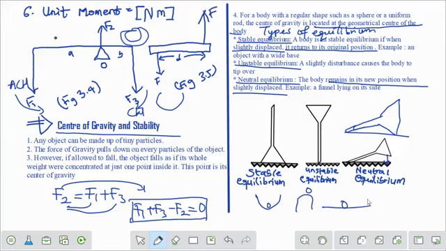Which one is unstable? So this is stable, this is unstable, and this is neutral. That's what they asked in one year. They may not ask about a funnel; they may ask this or this, anyone.